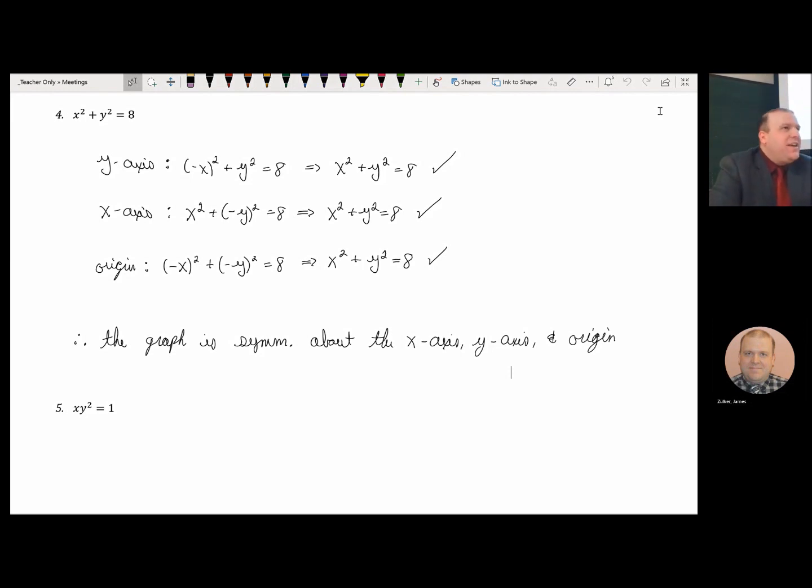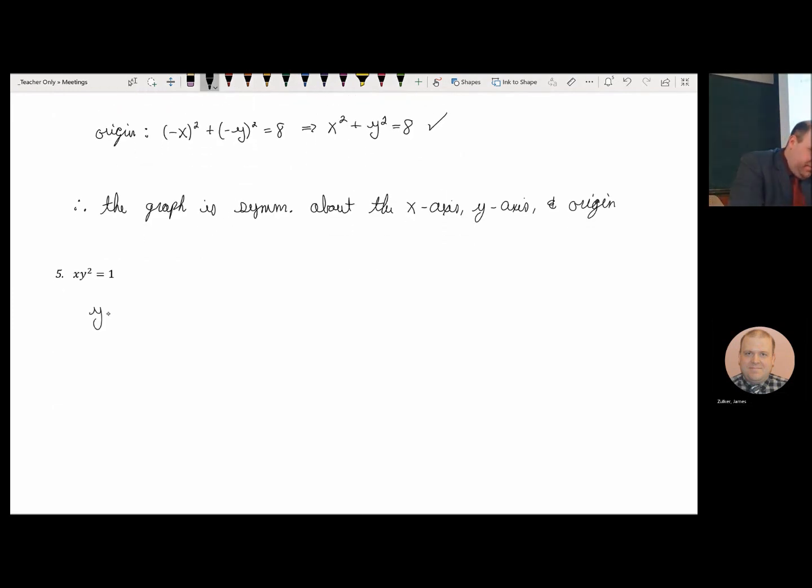X times y squared is equal to 1. Again, this is a relation. For the y-axis, we replace x with negative x. That gives us the relation negative x y squared is equal to 1.